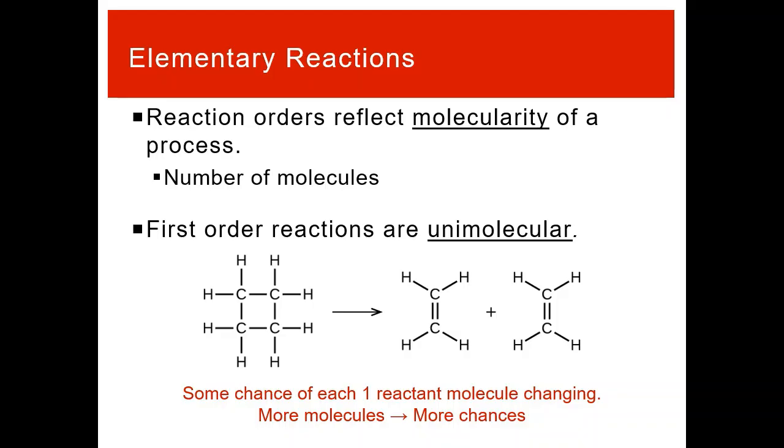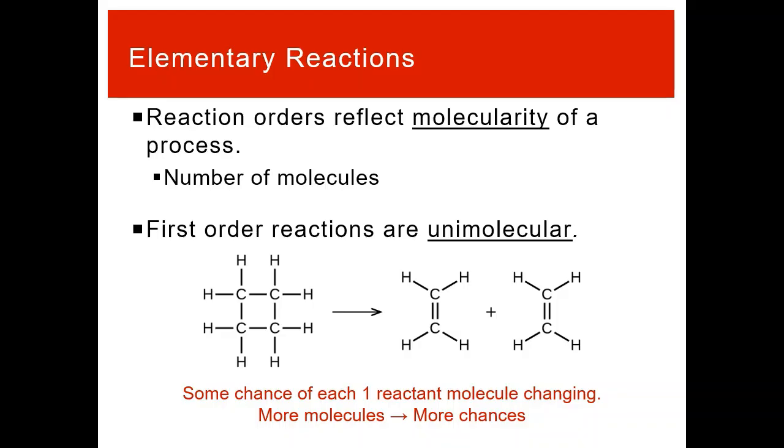It could be something like light came in with the ozone example, or it could be something like this molecule, this reactant is called cyclobutane. It is relatively reactive with itself and will fall apart and become two ethylene molecules that we have on the right. And so there is some chance of one reactant molecule changing, right? This molecule, you can imagine, it's like colliding with its neighbors, but it doesn't have to change its neighbors. If it's, say, in a liquid, it's bouncing around, the bonds could just spontaneously break.